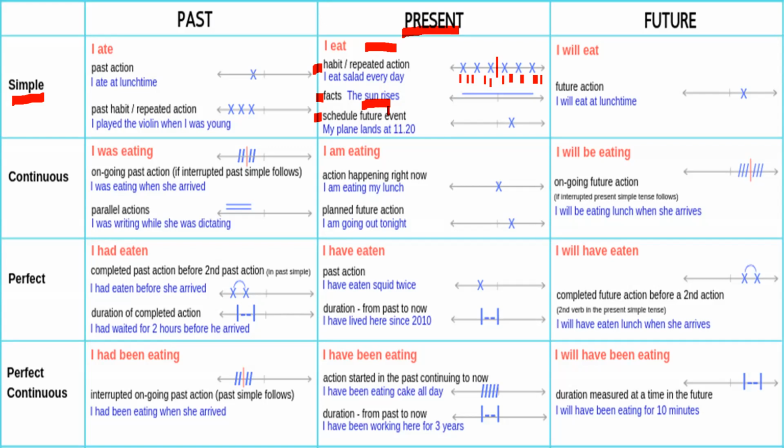We cannot change this action. That's why we always write this fact in the simple present. Or a scheduled future event, like this one, my plane lands at a certain time.